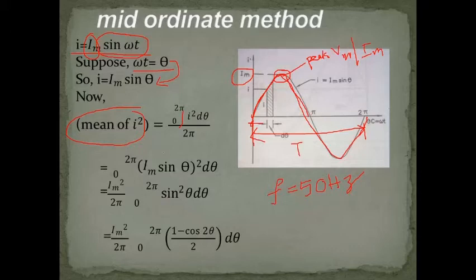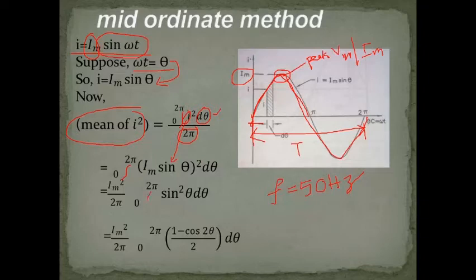Mean of i squared means root mean square. So i squared changes with respect to theta, integrated over the period of 2 pi.